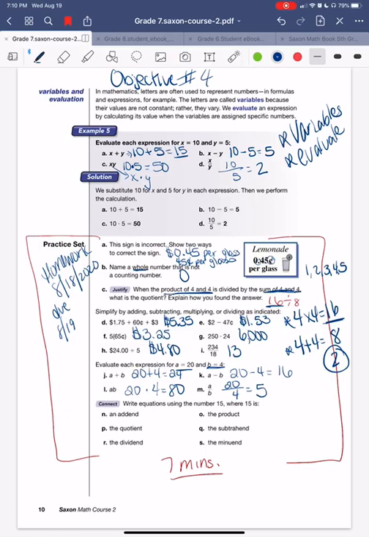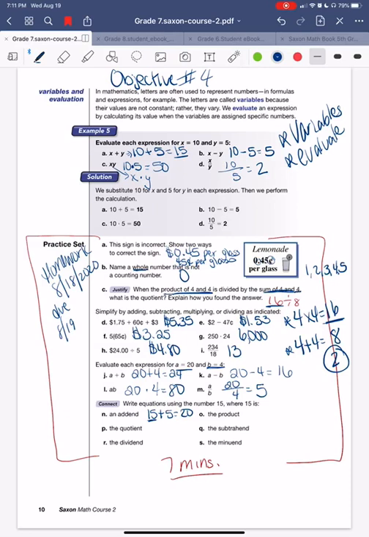All right. Now, next up, it says write equations using the number 15, where 15 is an addend. That means I'm going to say 15 plus 5 equals 20. Remember, addend means it is one of the numbers being added.